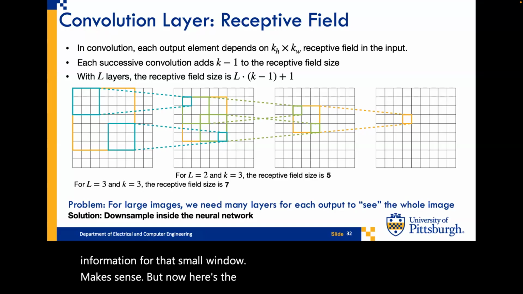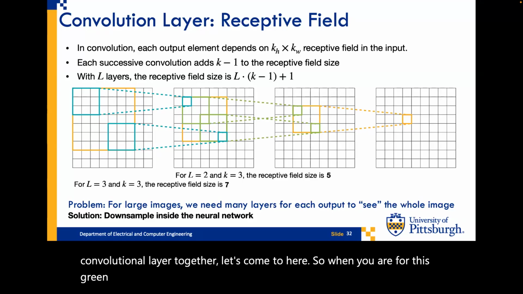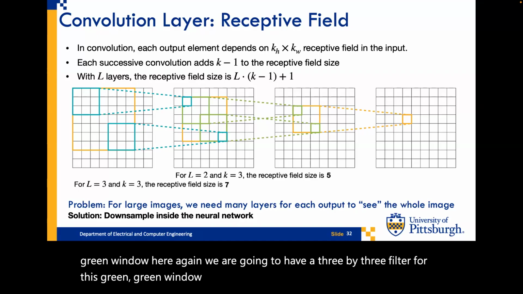When we are connecting multiple convolutional layers together, let's come to here. For this green window, again, we are going to have a 3x3 filter: 1, 2, 3, 1, 2, 3, 1, 2, 3. You get this one output here.